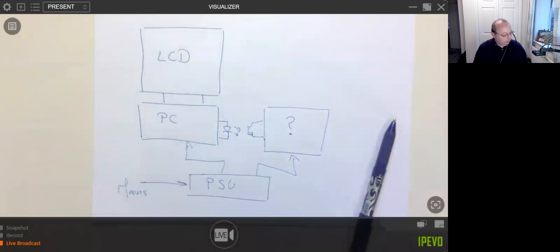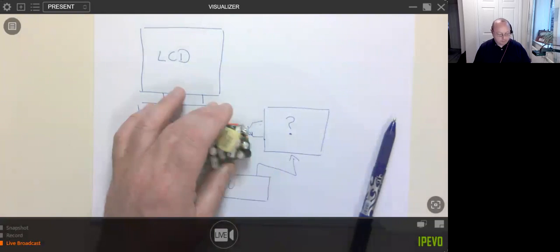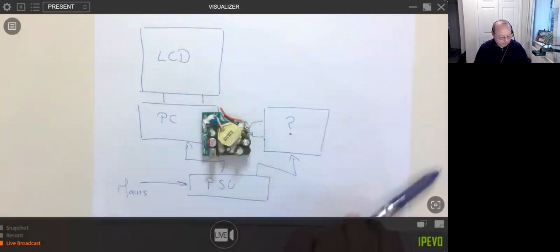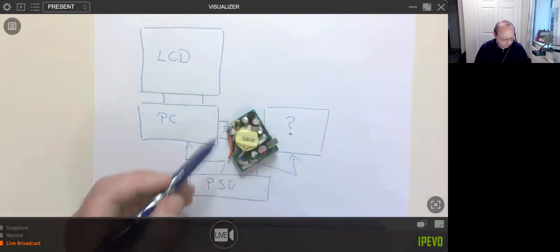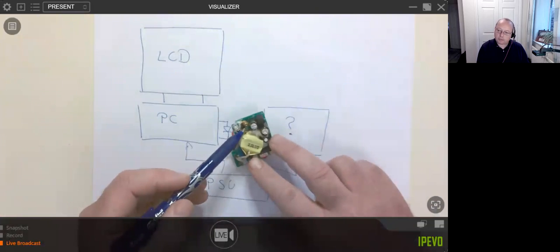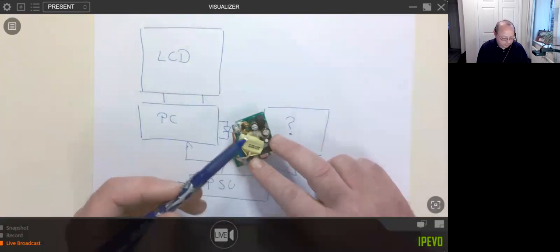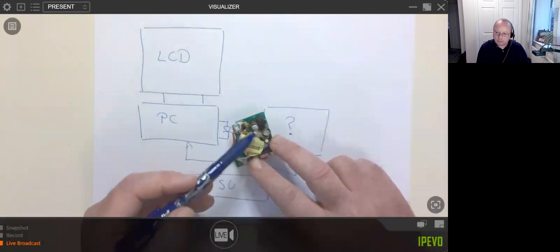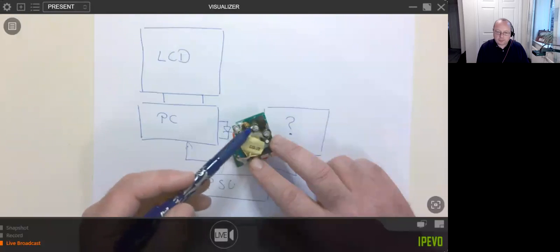On this bad boy here, the critical components are clearly the fuse. There it is. I would say this common mode choke is probably critical. Probably this capacitor here that blew up, they're probably critical.